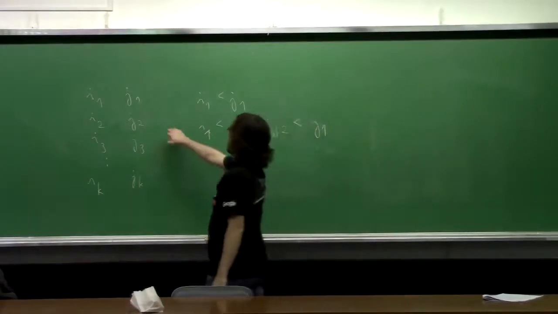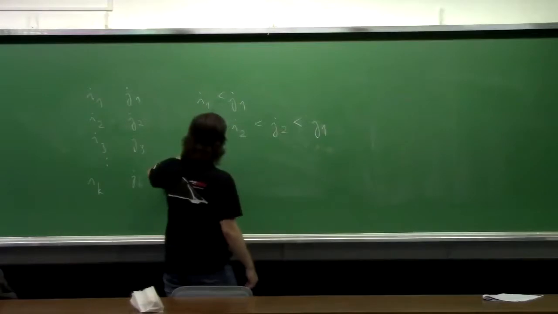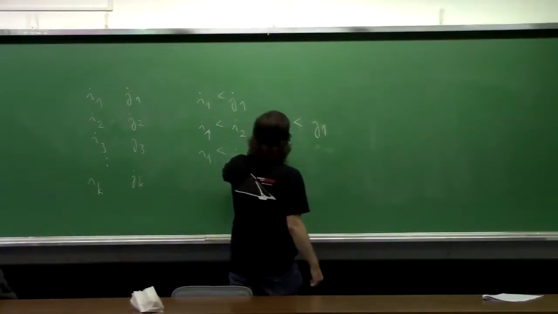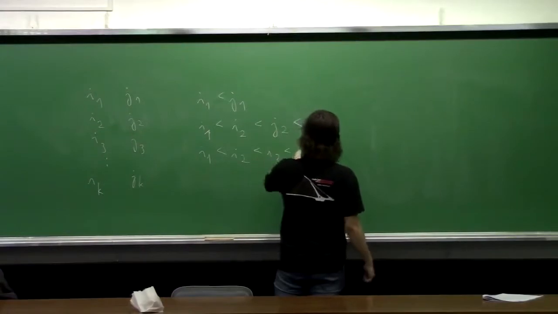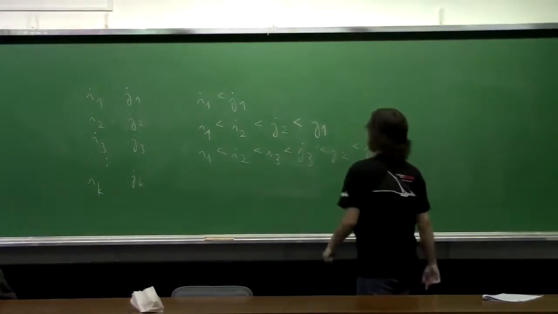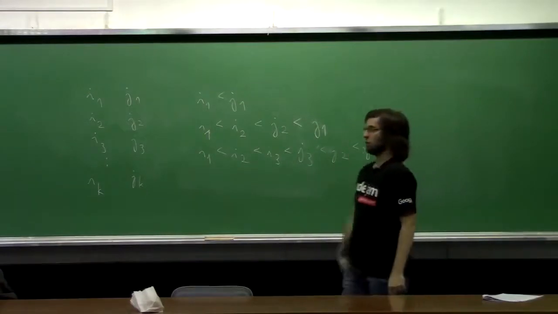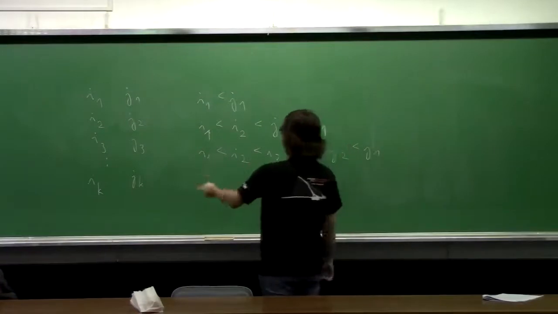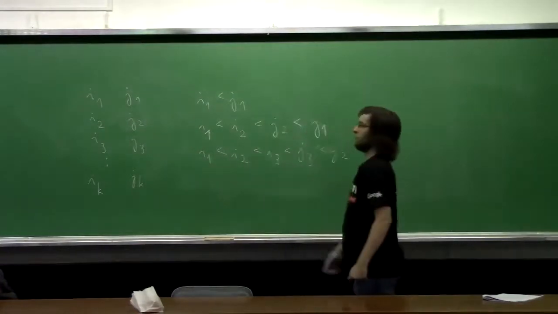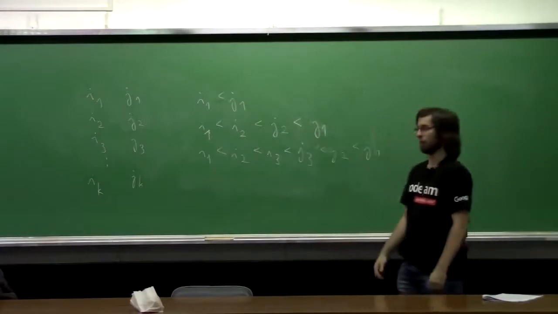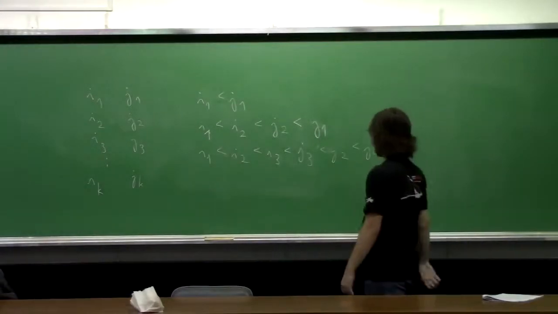The same thing holds for J3, so I1, I2, I3, J3, J2, J1 must be the order of these indices, and so on up to IK and JK, where we need to have the order of indices I1, I2, I3 up to IK, and then JK, JK minus 1 up to J2, J1.